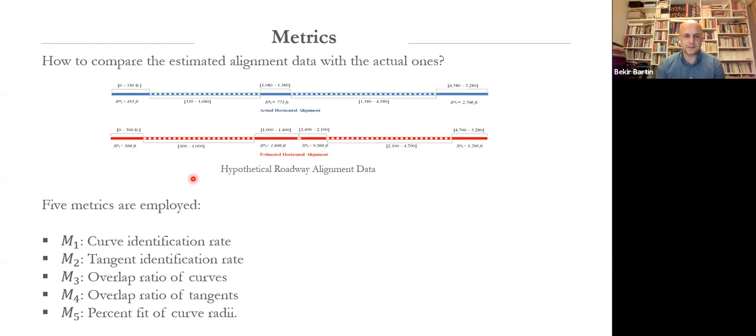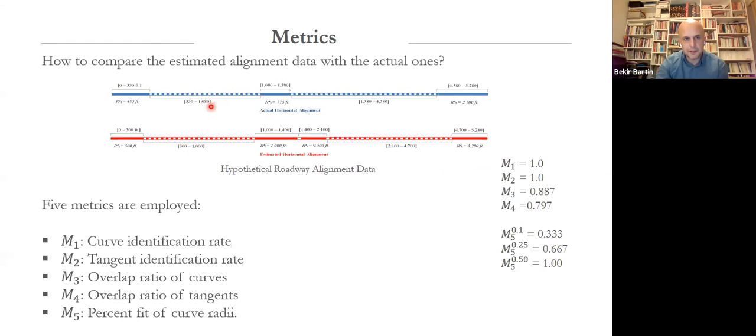So the first one is the curve identification rate, and the second one is the tangent identification rate, meaning the percentage of curves that the algorithm can identify based on the actual horizontal alignment data. For instance, in this case there are 3 actual curve sections, and the algorithm finds 3 out of 3.